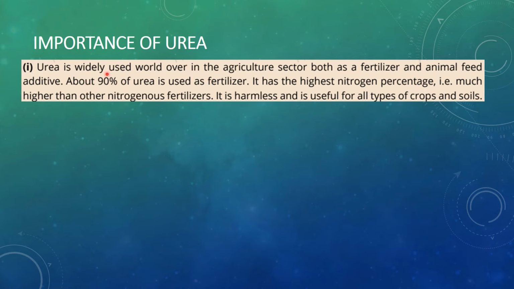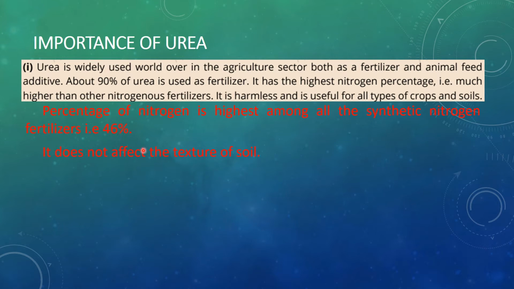So urea is widely used all over the world, especially in the agriculture sector, and this urea fertilizer has the highest percentage of nitrogen in it, almost 46% nitrogen.